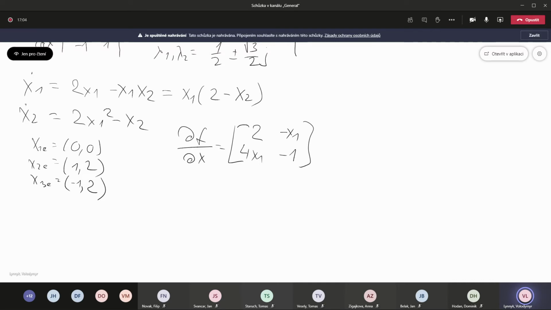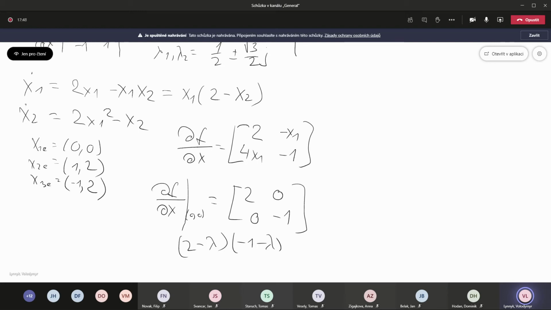Okay, and now the Jacobian at (0, 0) is equal to [2, 0; 0, -1]. The characteristic equation is (2 - lambda)(-1 - lambda) = 0, and we can see that the eigenvalues are lambda 1 equal to 2 and lambda 2 equal to minus 1.